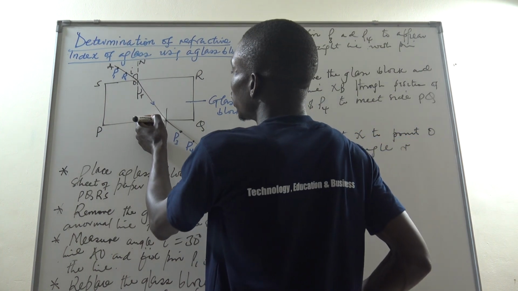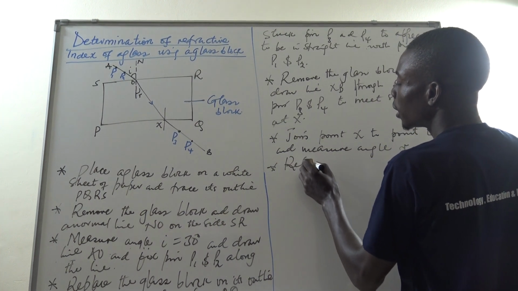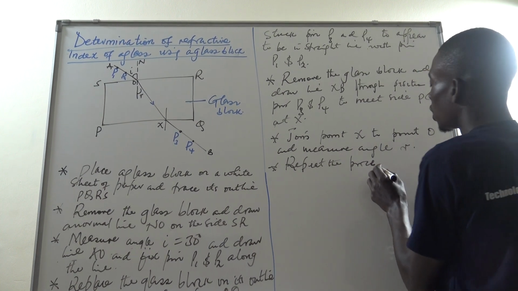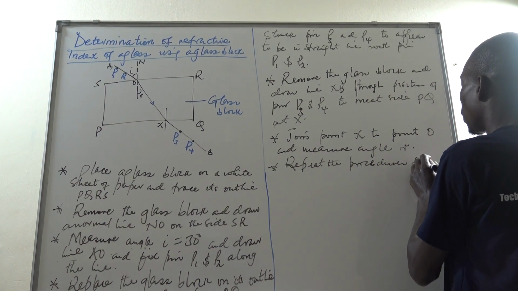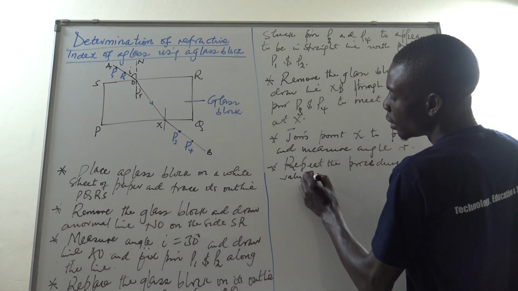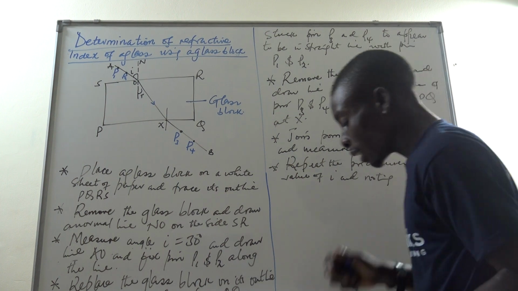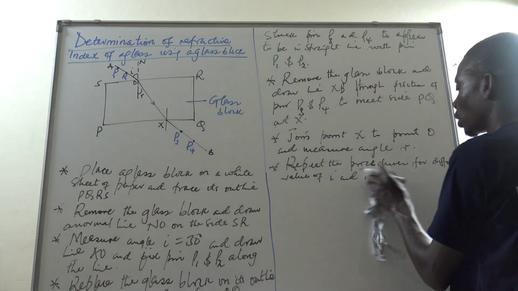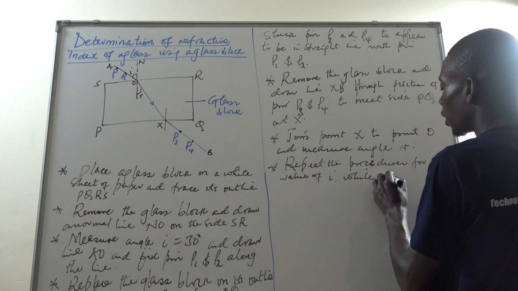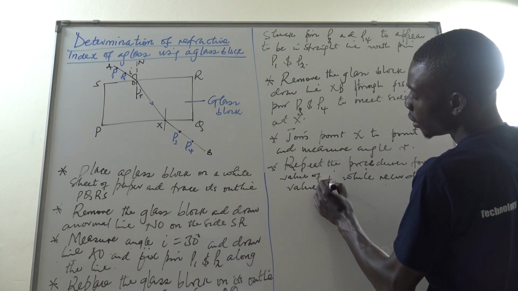Now, from here you can join this point here to the other point and measure that angle R. And then after that, you repeat the procedure for different values of I, while recording or noting the value of R.